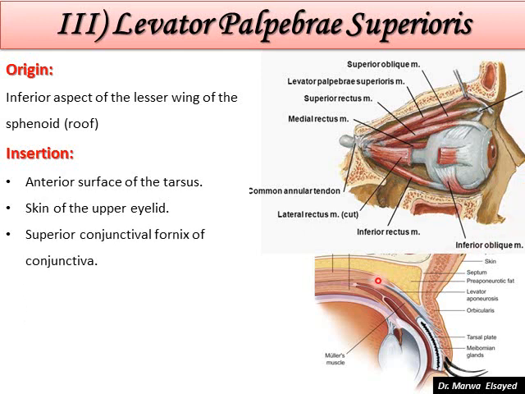But the bulbar conjunctiva, which covers the sclera, has epithelium continuous with the epithelium of the cornea. Otherwise, this bulbar conjunctiva is loosely attached to the eyeball or sclera.